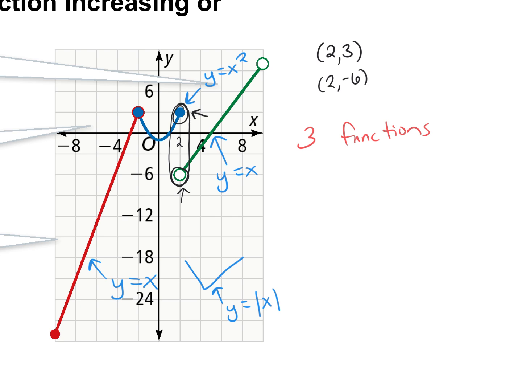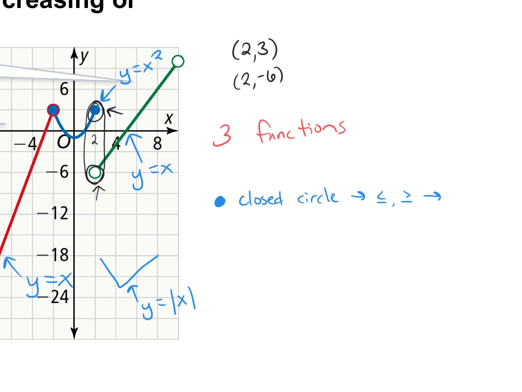So go ahead and write these notes off to the side of example 3. If we have a closed circle, that means it is less than or equal to or greater than or equal to. Okay, so again, that means we are equal to.